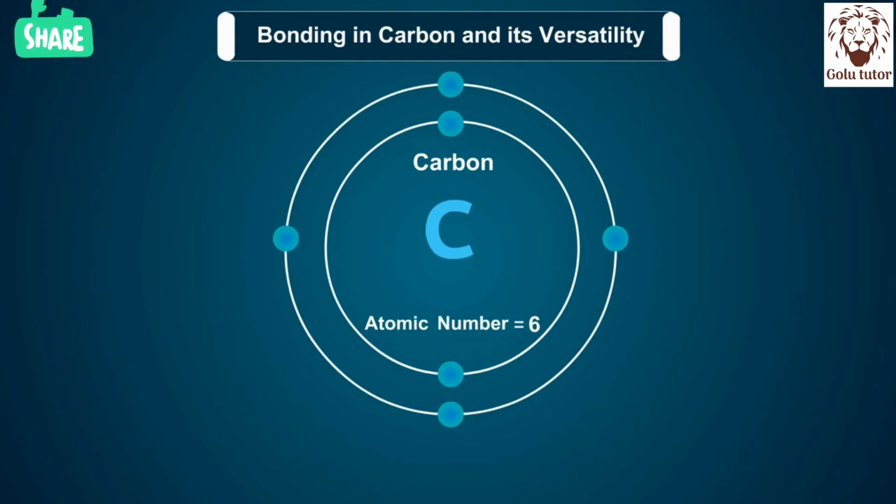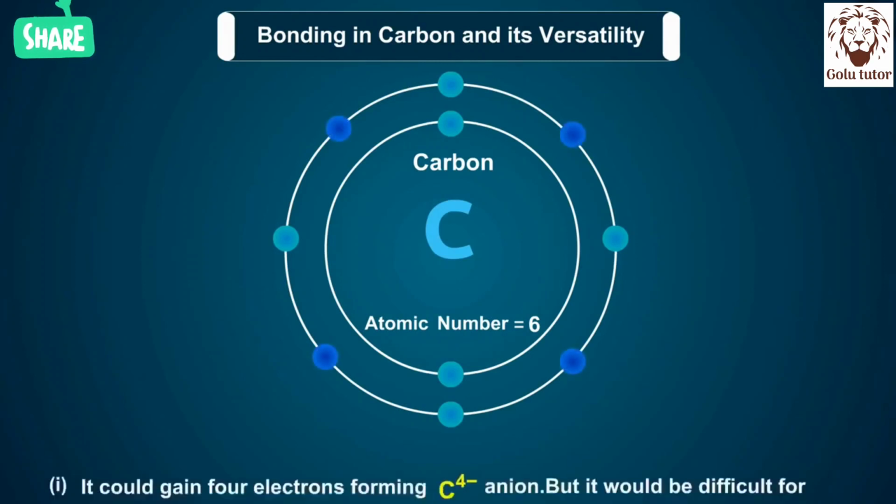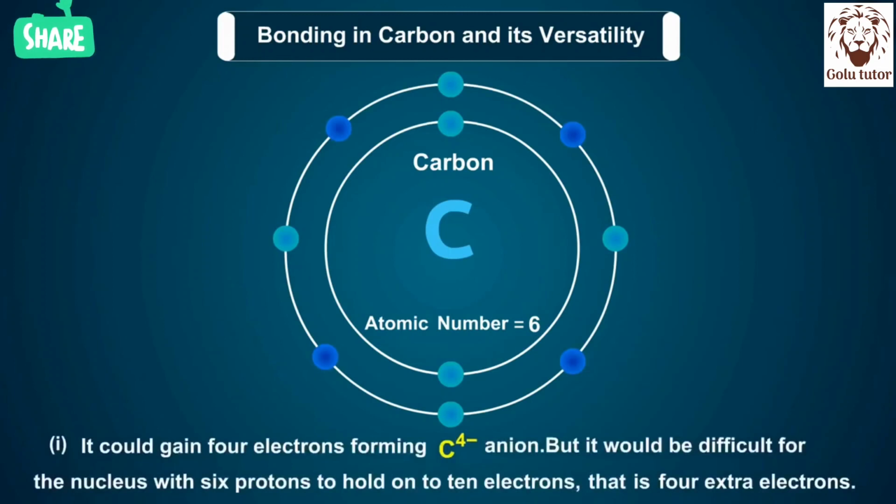Let's assume if it were to gain or lose electrons. 1. It could gain 4 electrons forming C4- anion. But it would be difficult for the nucleus with 6 protons to hold on to 10 electrons, that is 4 extra electrons.